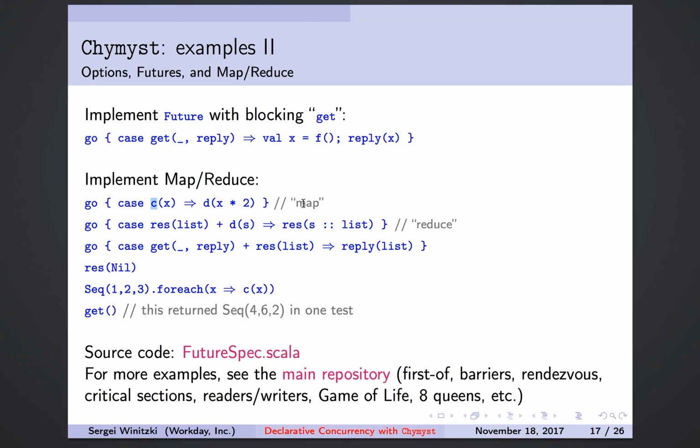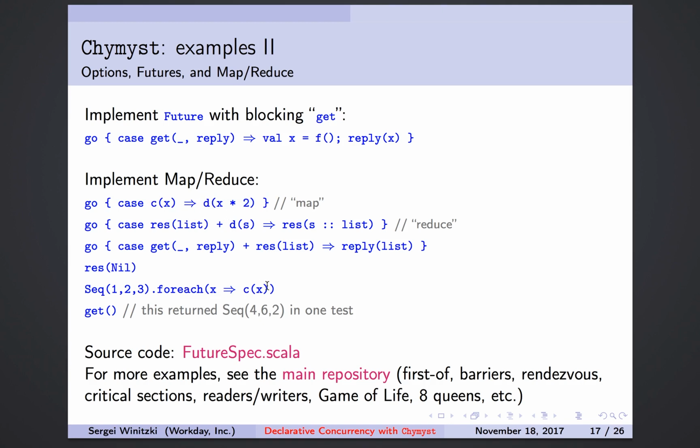In order to implement the map step, we need to put the result on some molecule. So let's say that would be D. So clearly, we just need a reaction that takes C and produces D. And once we write this reaction and we emit many molecules C, then all these reactions will run in parallel automatically.